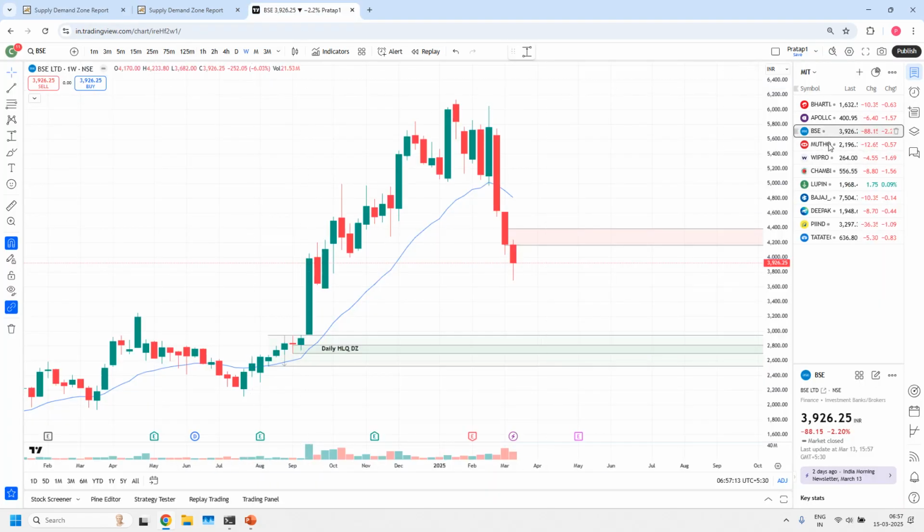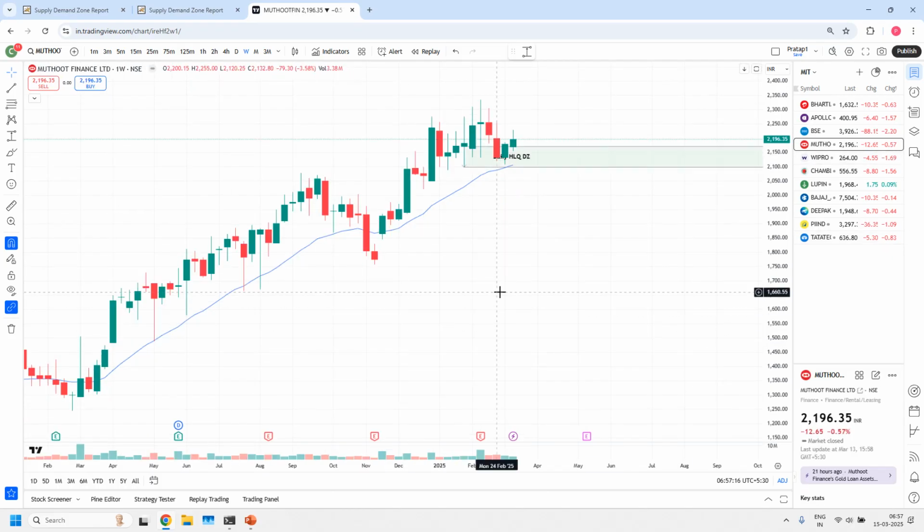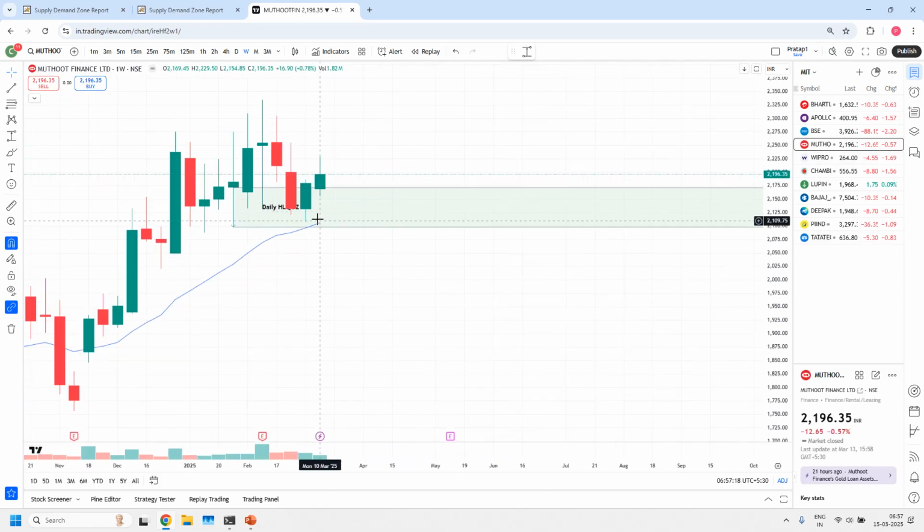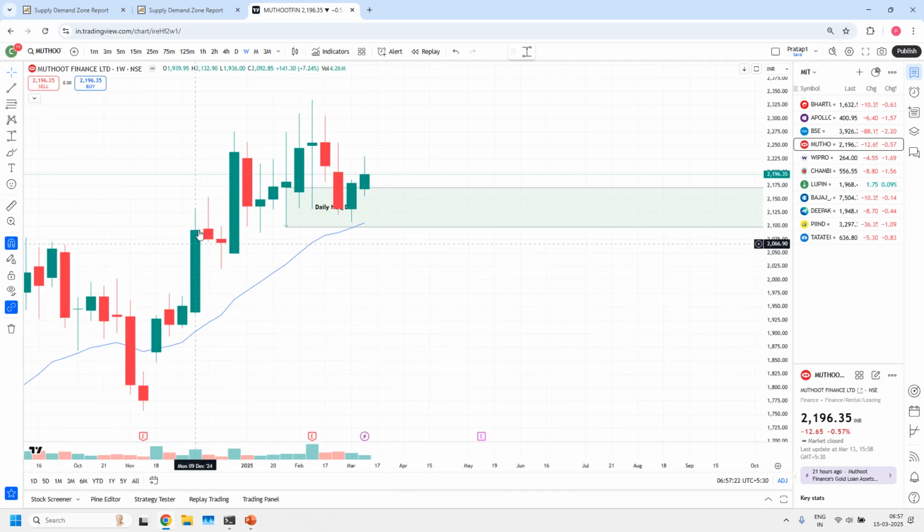Okay, next one is Muthoot Finance. Okay. Is it having a daily confluence? Yes, here rally, base, rally is there. See here, rally, base, rally.